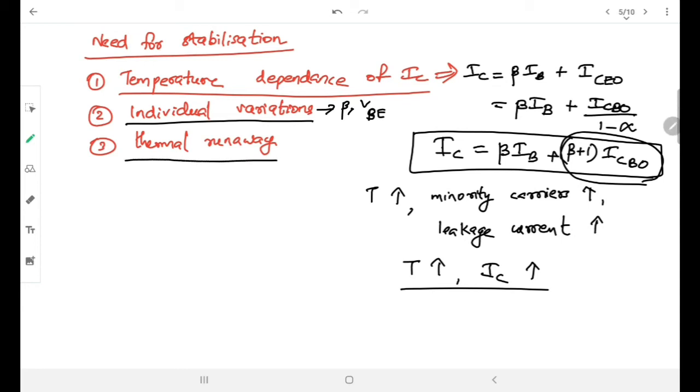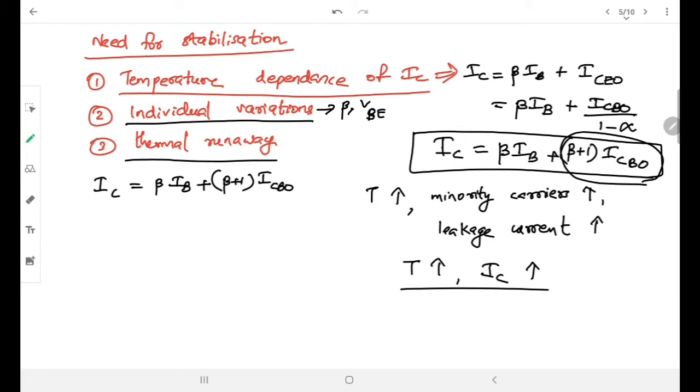Now the third point is thermal runaway. So we can discuss this point, thermal runaway. We have seen the expression for IC. IC is equal to beta IB plus beta plus 1 ICBO.